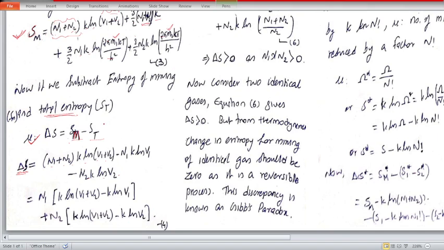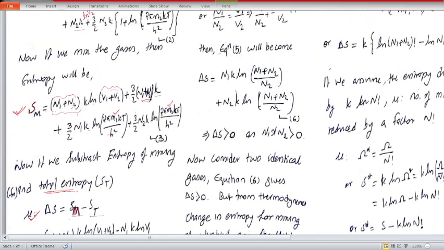If you further rearrange this expression, you can take n1 as common and write n1 times k ln v1 plus v2 minus k ln v1, and take n2 as common and write n2 times k ln v1 plus v2 minus k ln v2.